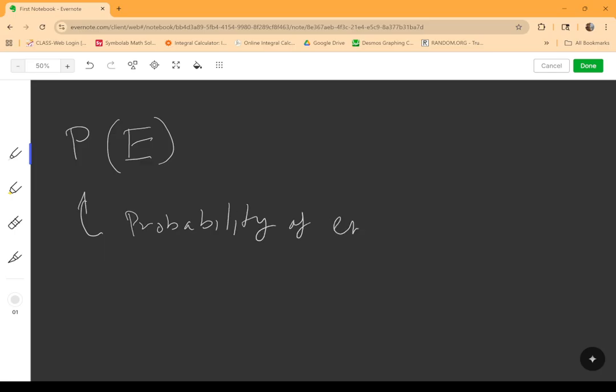Now the most basic formula we'll be using is this. P of E, in our function notation, really means the probability of event E occurring.